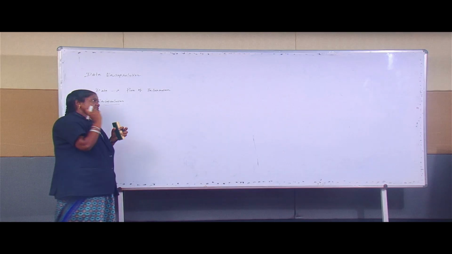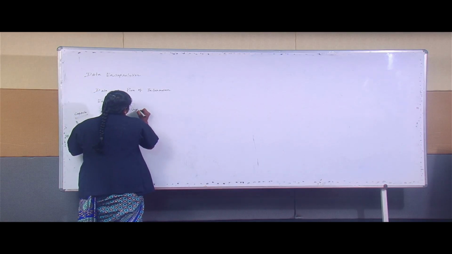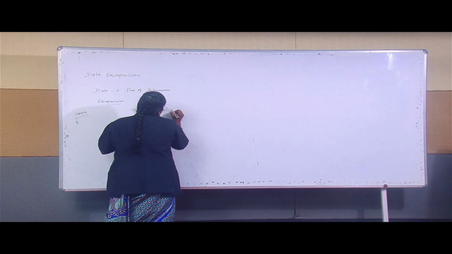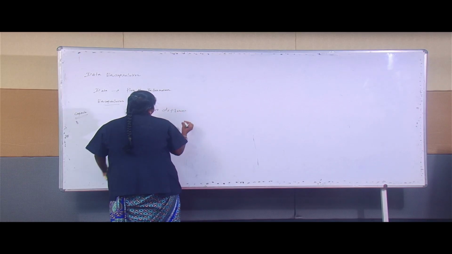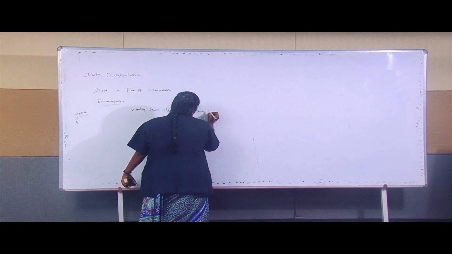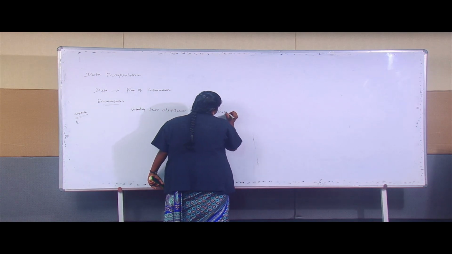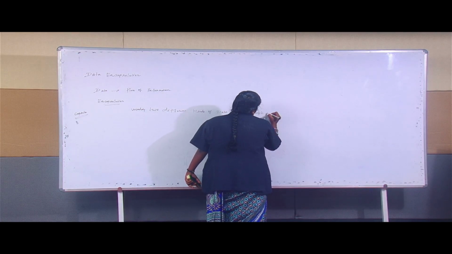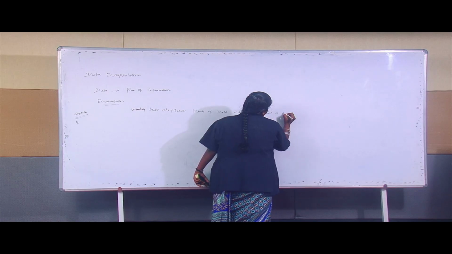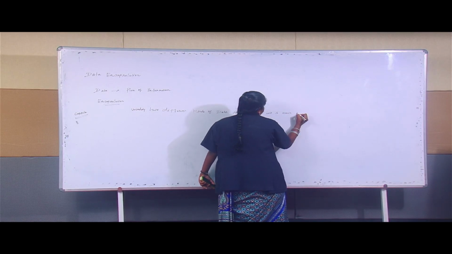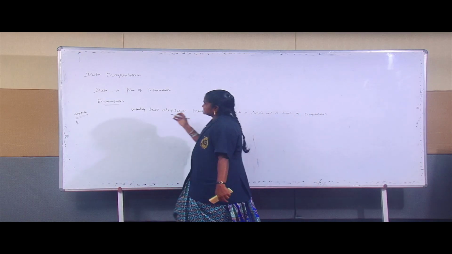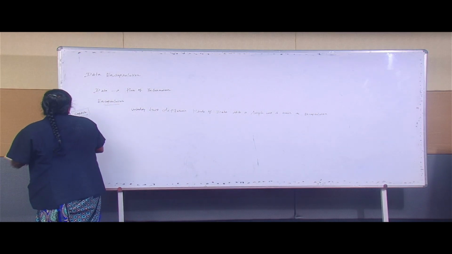So binding two different kinds of data into a single unit is known as encapsulation. Just take this capsule as the example.